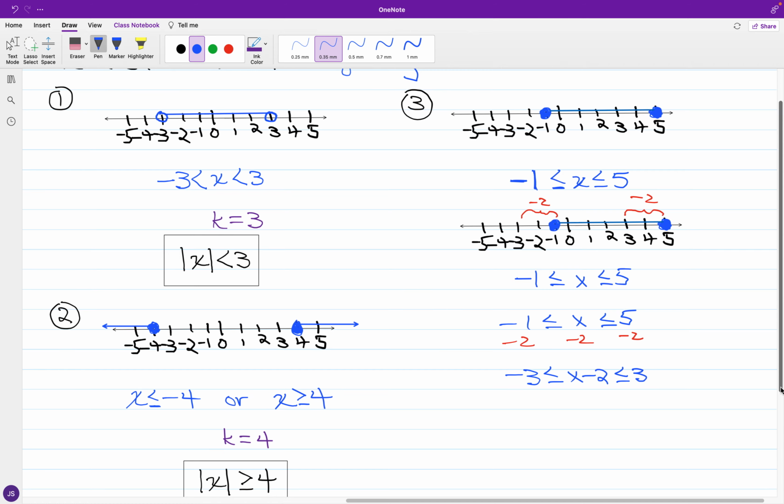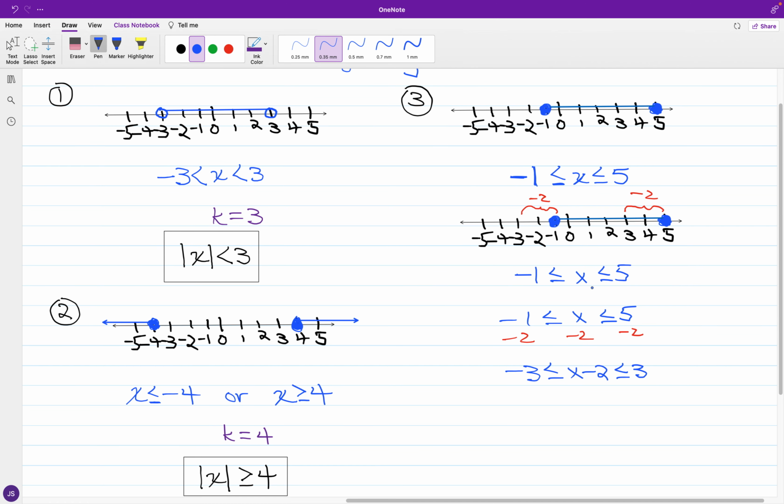So when I had the inequality with the x in the middle, I did not have the k value established. But now with the shifting of 2 units, by deducting the amount of 2, I got the k value firmly grounded at 3. Got -k, +k, and k is equal to 3.